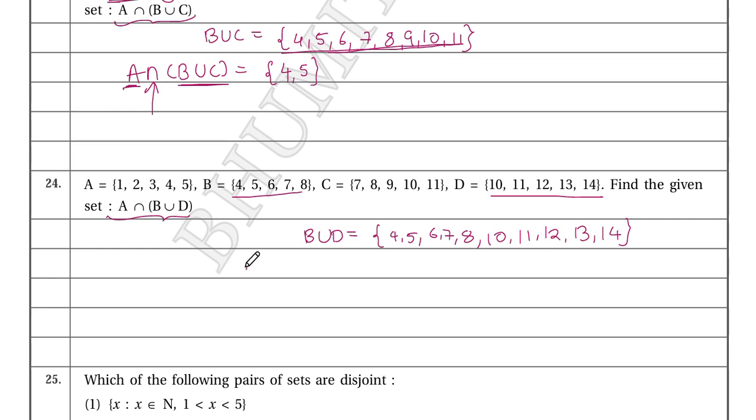Then we have to find out A intersection (B union D). Okay. So intersection between what? A and B union D. So look at set A, which is 1, 2, 3, 4, 5, and look at set B union D. Which elements are common? That only we have to write down. So only 4 and 5 are common. So the answer is 4, 5.